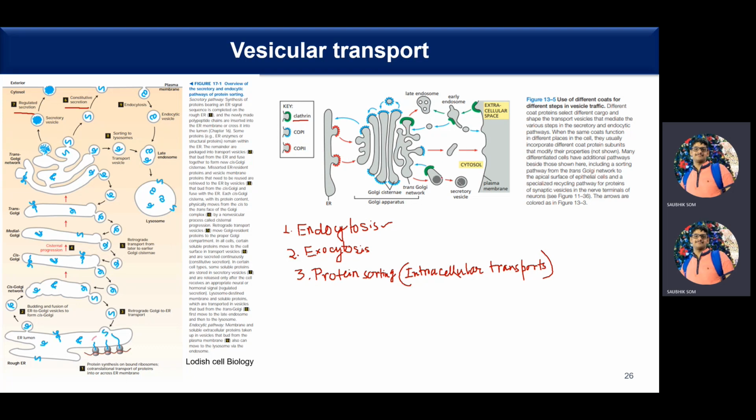Next are COPI and COPII. COPII is used from ER to Golgi, and COPI vesicles are used for retrograde transport, or Golgi to ER, correct? And we will go into the details of this a little bit.